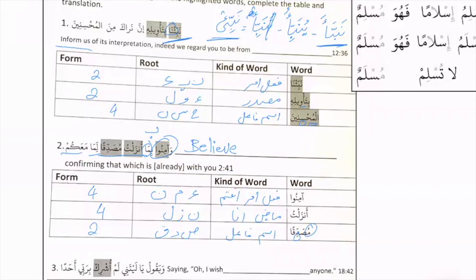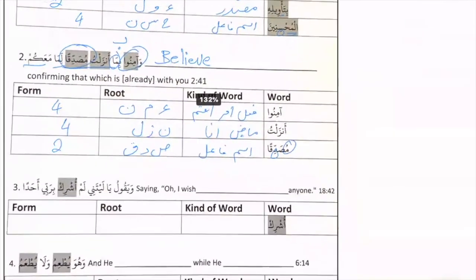So whatever you already have with you, like Torah, Injil, Allah subhanahu wa ta'ala is talking to these Jews and Christians, that believe in what I have sent, and this is confirming whatever you already have. So basically talking about the Quran.